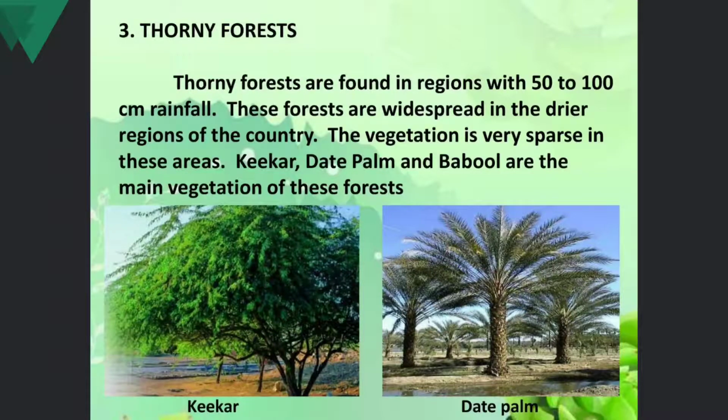Kikar, date palm, and babul are the main vegetation of these forests, as you can see in the picture.